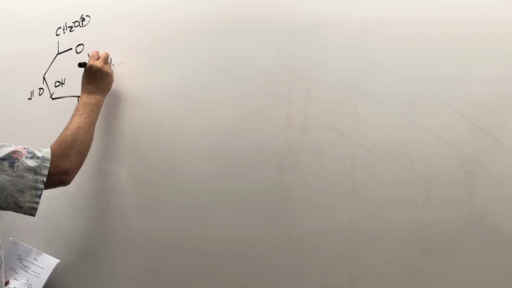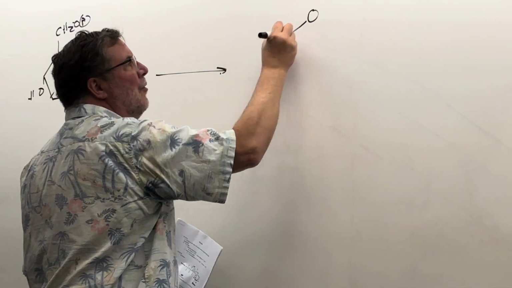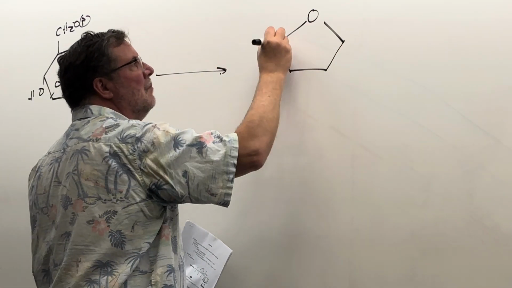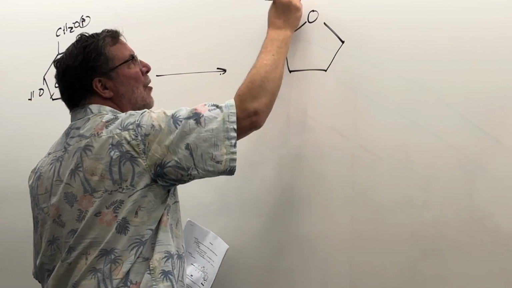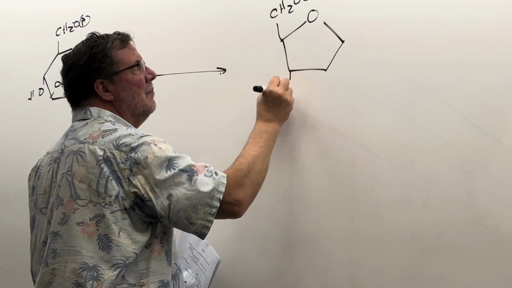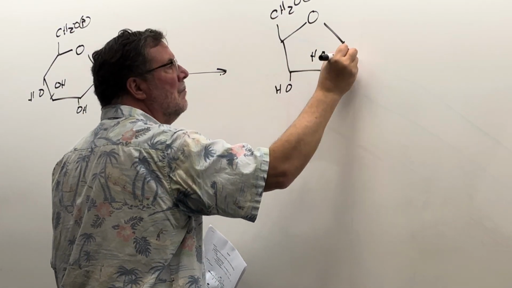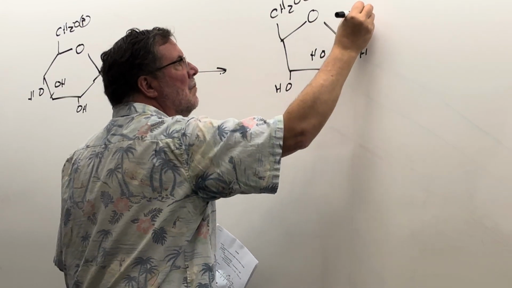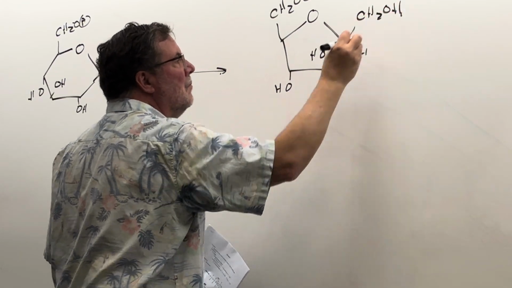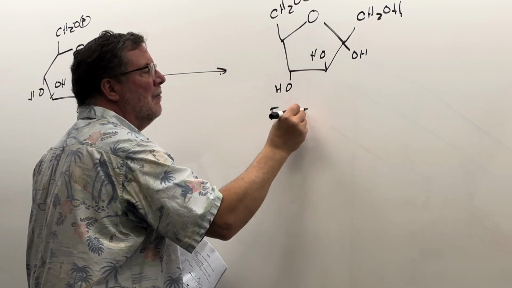Okay, so now we're going to isomerize this reaction and convert it to fructose 6-phosphate. So this is fructose 6-phosphate.